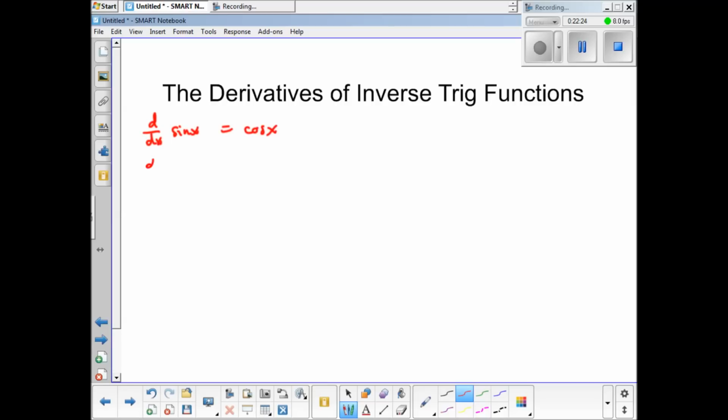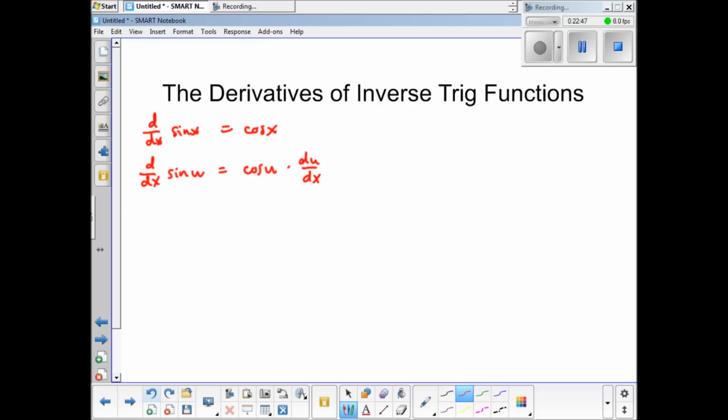And if we're dealing with the derivative of sine, but it's not just x, it's sine of u, where u is some function, then it's going to be cosine of u times du dx.